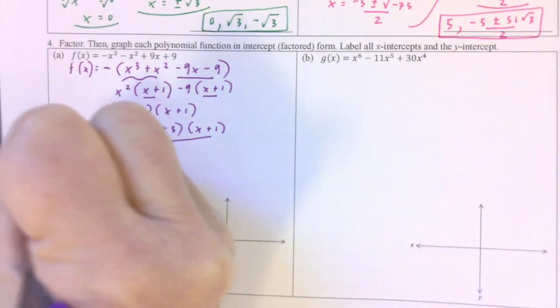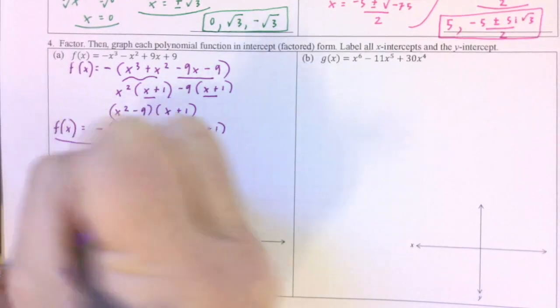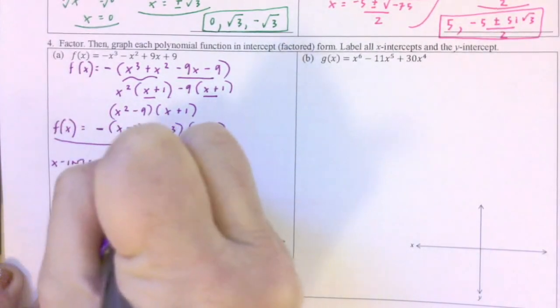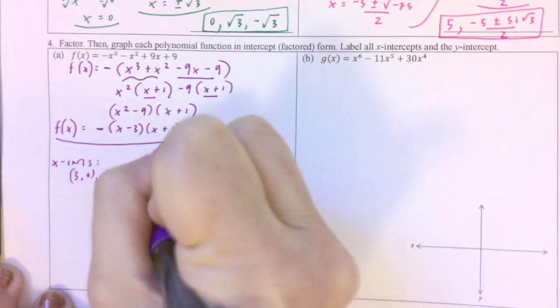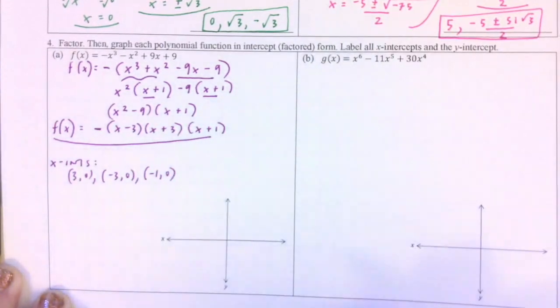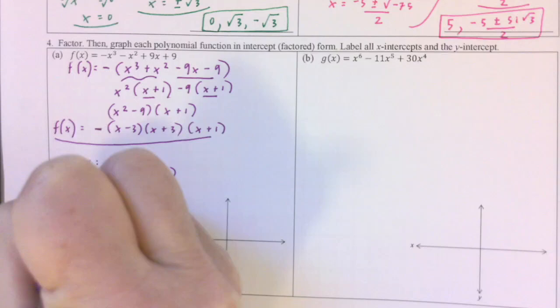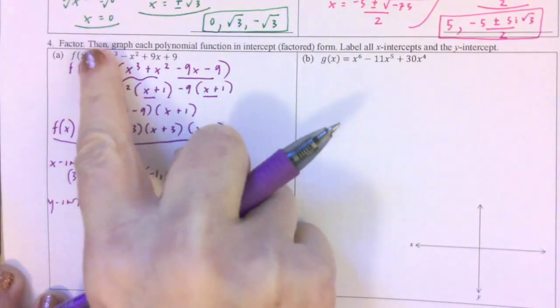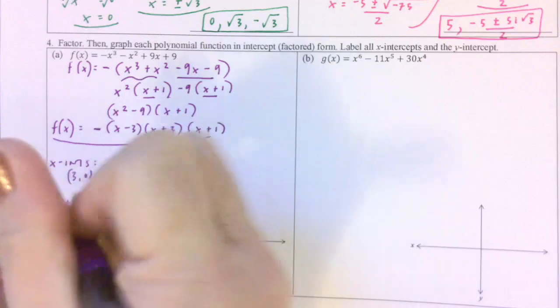So my x-intercepts are pretty easy to see. I have 3, 0, negative 3, 0, negative 1, 0. And then my y-intercept, right, if x is 0, all of that goes to 0 with a 9.